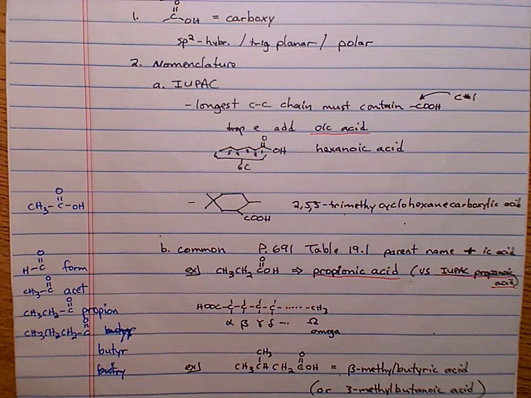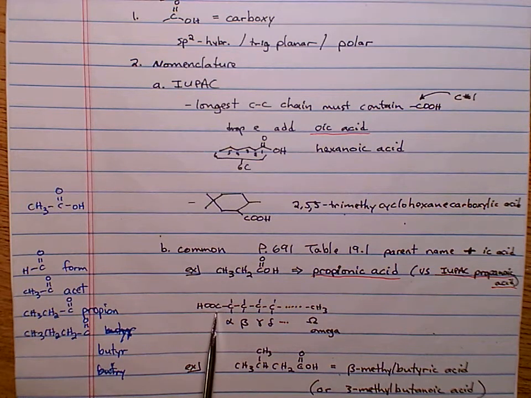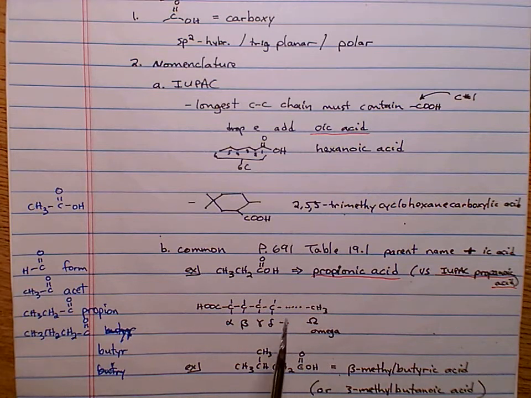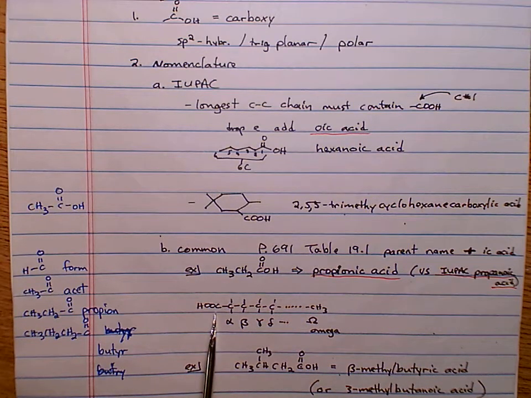All right. Last thing, just because it gets a little crazy, and we're going to find out it's going to be very useful. The common way of naming things, when you have a carbonyl carbon, in general, the carbon next to it, we call alpha. So when you're talking about alpha carbons and beta carbons, you're starting with the thing next to a carbonyl carbon.